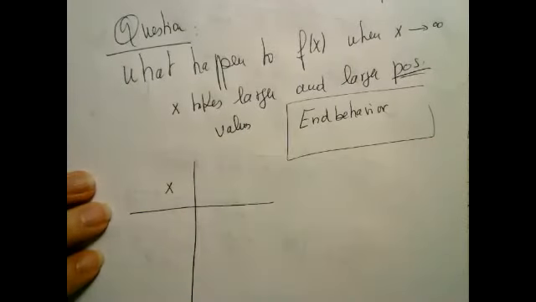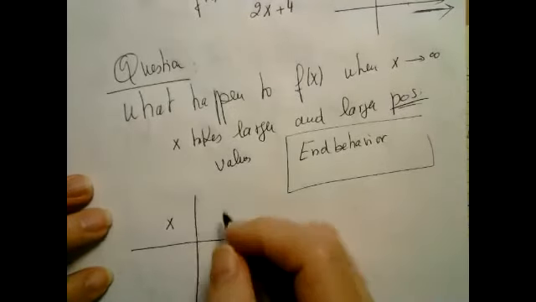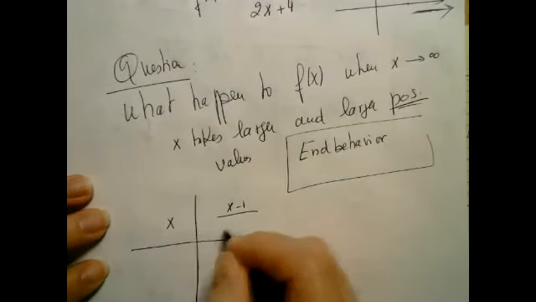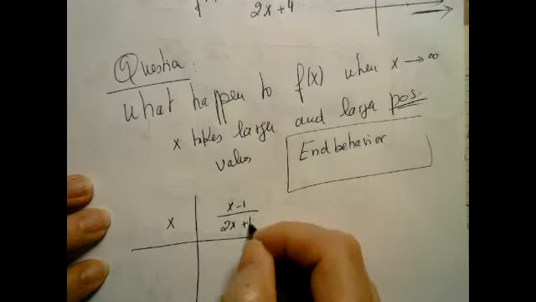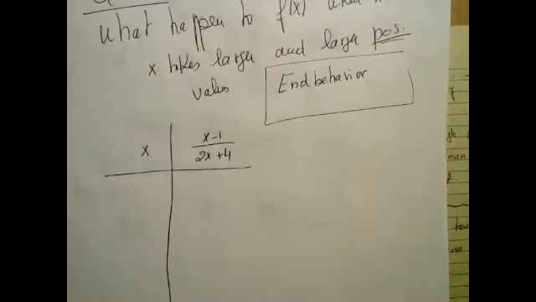I'm going to take values of x and look at the output value. My output values are x minus 1 over 2x plus 4. I'm going to start taking larger and larger values of x, and probably I'll need my calculator here.